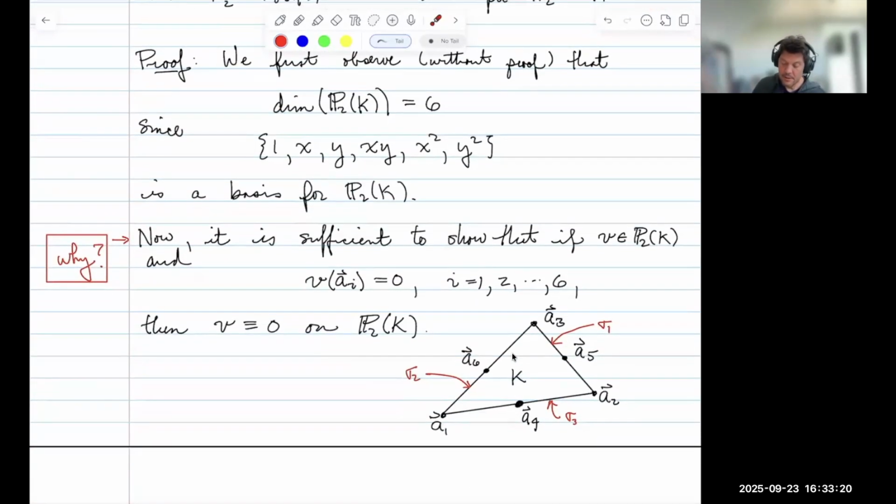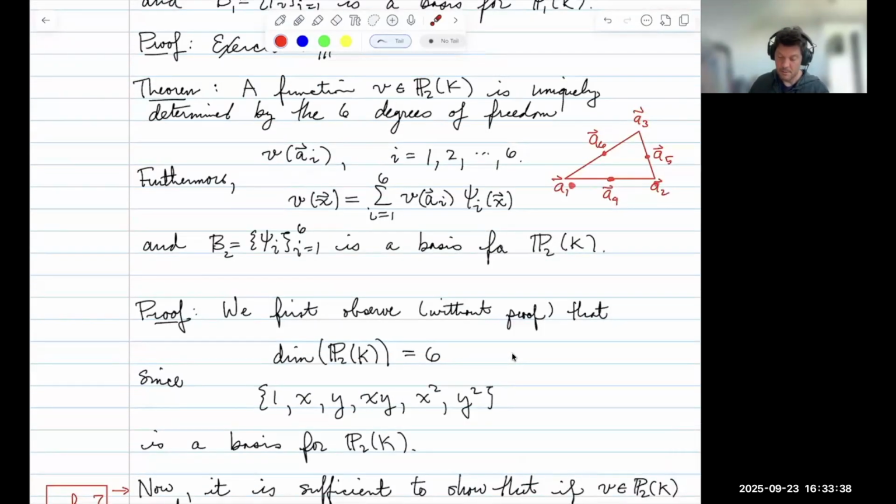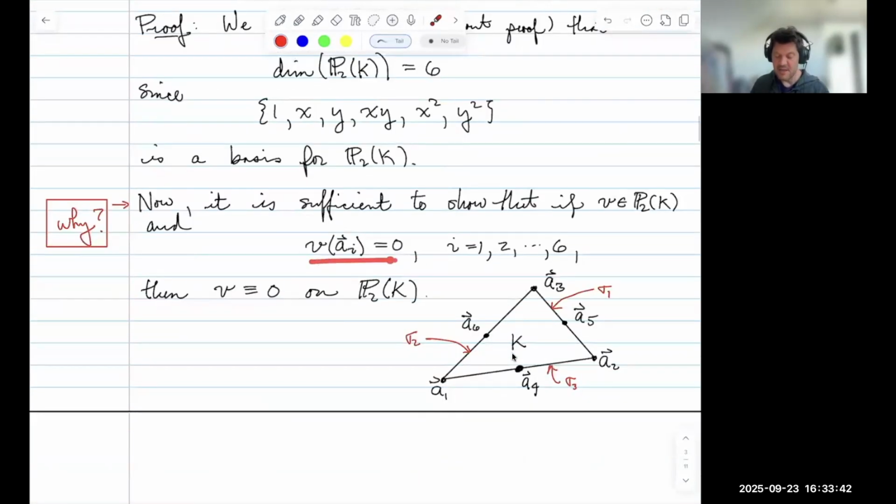All right. Now, it works out, and for a reason I explained above, if V is a polynomial of degree k, and we find that V is equal to 0 at 6 distinct points, well, specifically these 6 distinct points, then V is going to have to be exactly equal to 0.